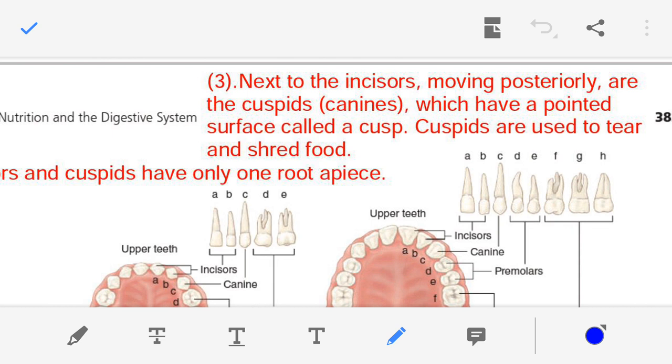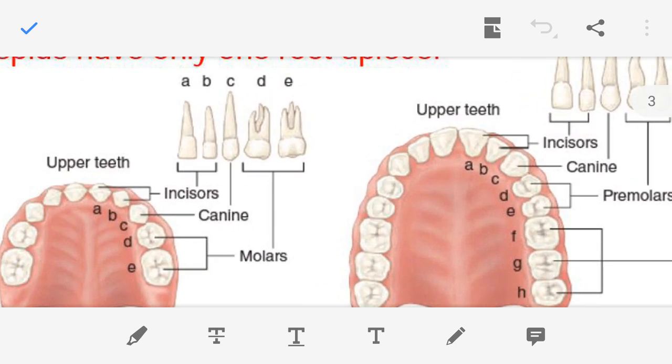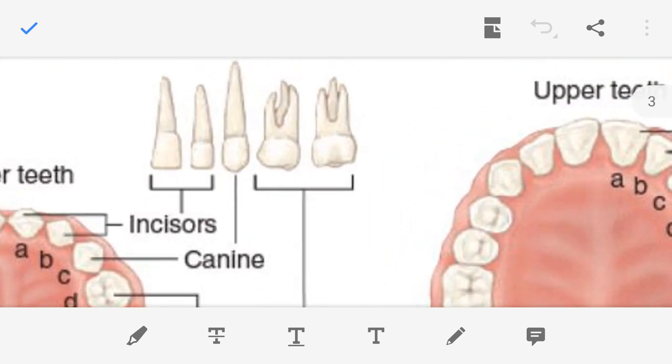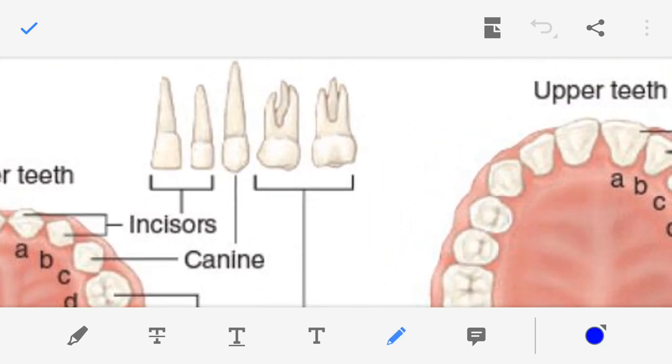Canines have a pointed surface, and this pointed surface is known as the cusp. For example, I am zooming in on this canine, and as you can see over here, there is a pointed edge.